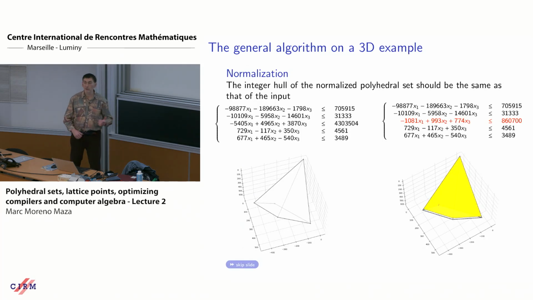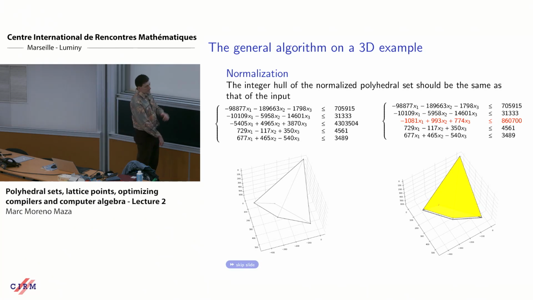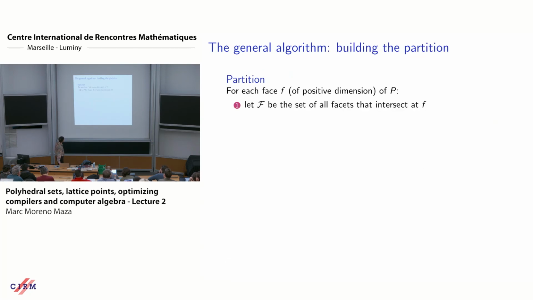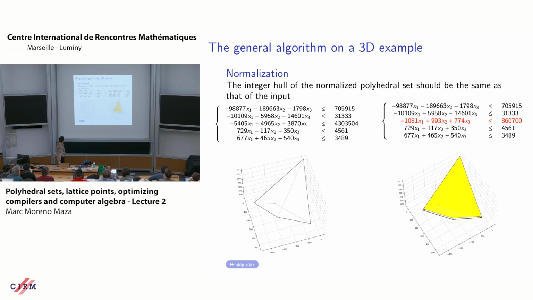Okay, so I'm showing again the example of yesterday. I start with a gentle pyramid here with 4 facets. Here we show one normalization step, so sliding one facet towards the center until its supporting hyperplane hits integer points. I will skip the description of how we compute the partition.